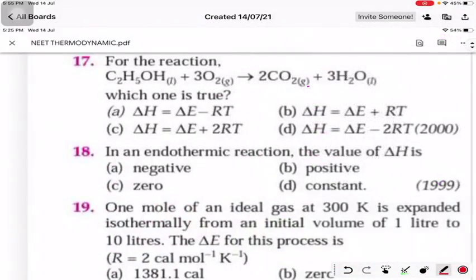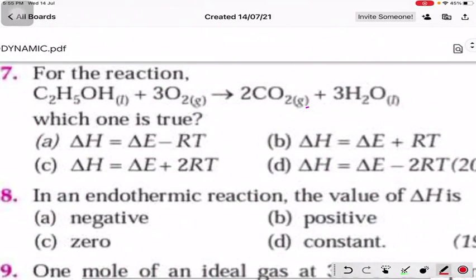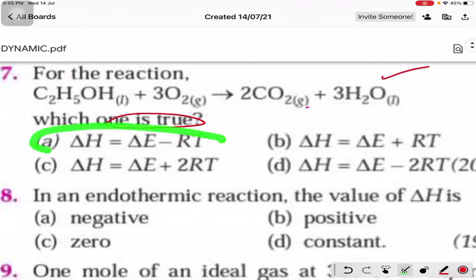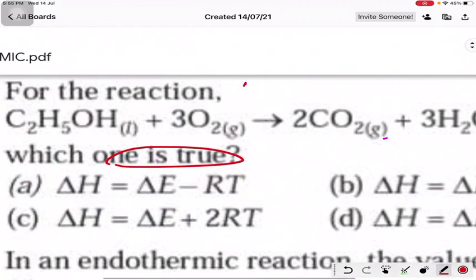Now we are left with the last slide, and the first question is, which one is true about this reaction? So this is again an enthalpy change expression in terms of delta Ng RT. So we have to find delta Ng for this equation. Now for delta Ng, you have to consider the gaseous components of the reaction.